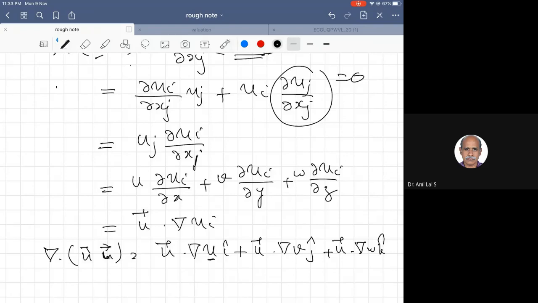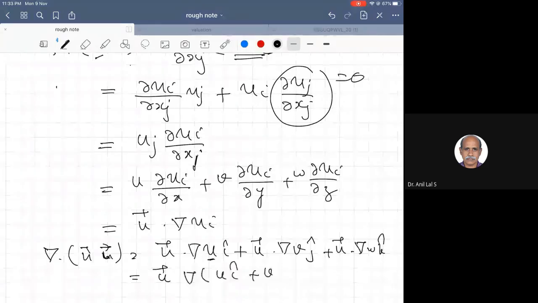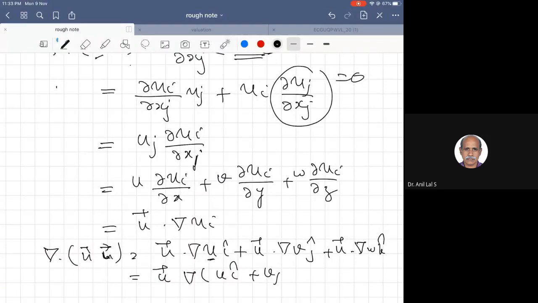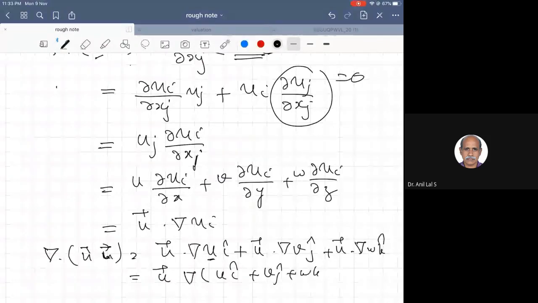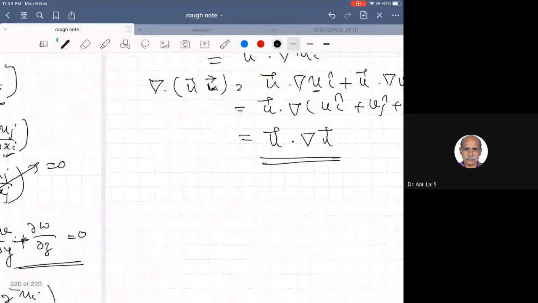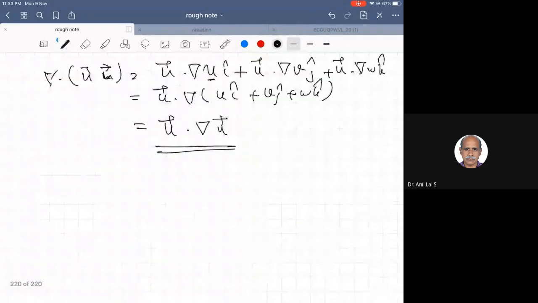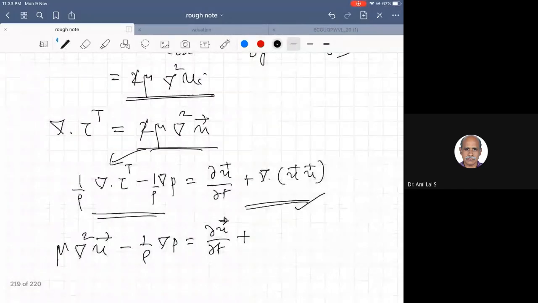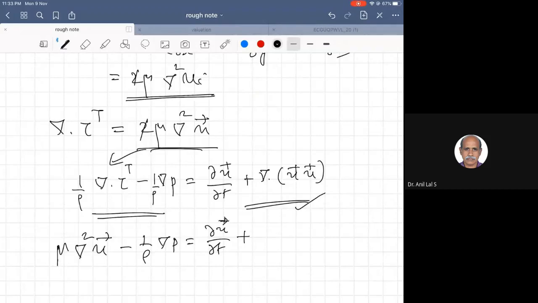So you can take u dot del of (ui plus vj plus wk), that is u dot del of the velocity vector. So like that we change this. We again take this one. So it is u dot del of u. Okay, this is a form.